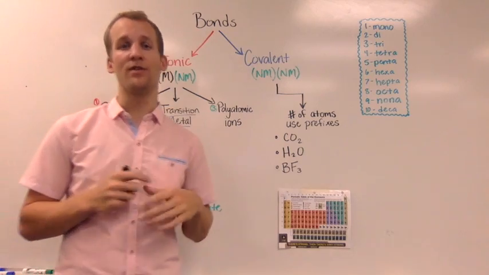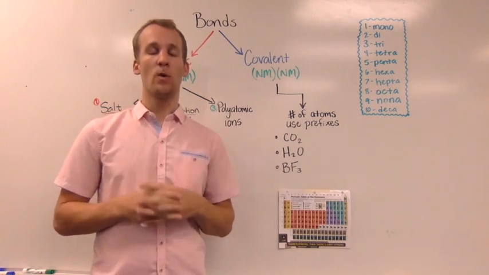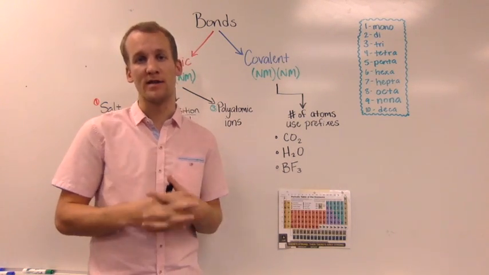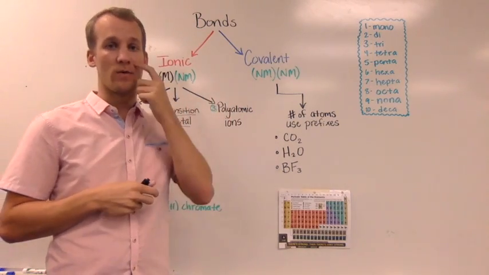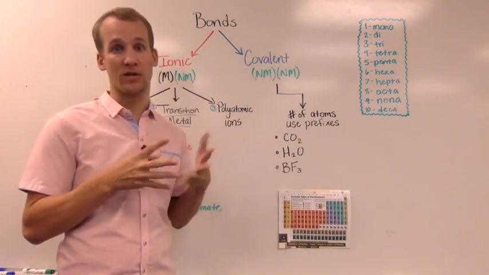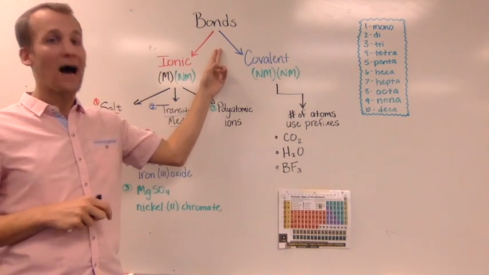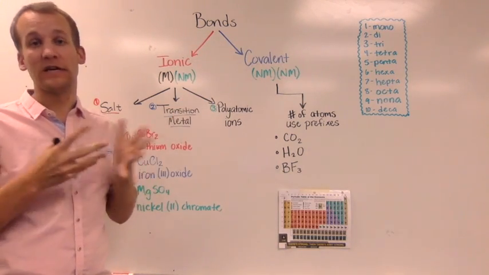So the first thing to note is that when we're creating compounds or molecules, we're creating bonds, right? So we're looking for certain types of bonds between those elements when we are trying to name what's going on in that molecule or compound. So the first thing that we need to do is actually determine what type of bond is present. We can do that very easily.